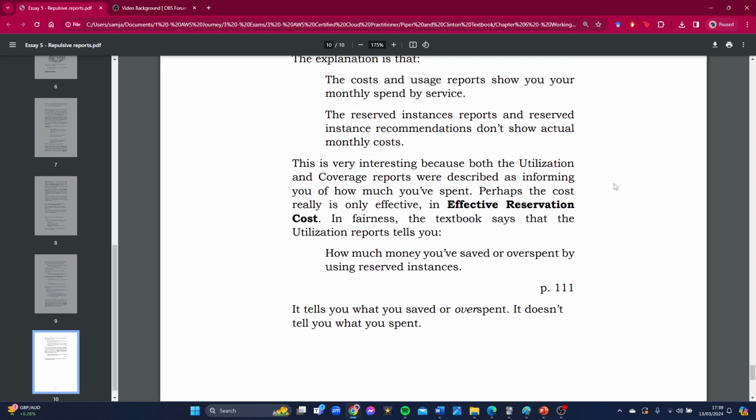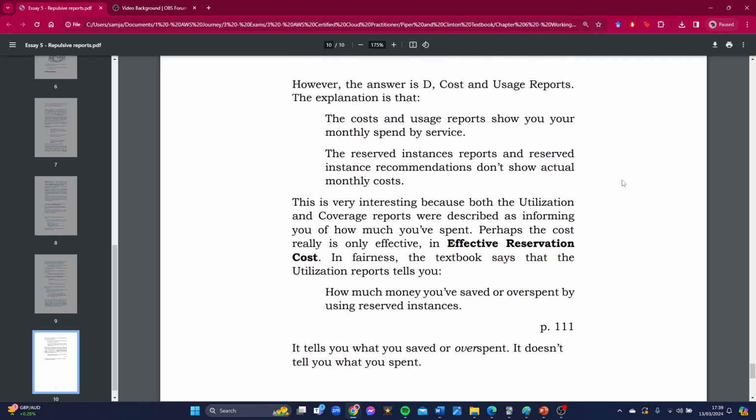And that's really interesting because both the utilization and coverage reports were described as informing you of how much you've spent. So perhaps the cost really is only effective in effective reservation costs. So it's doing a lot of work, that word effective there. And in fairness, the textbook says that the utilization report tells you how much money you've saved or overspent by using reserved instances.